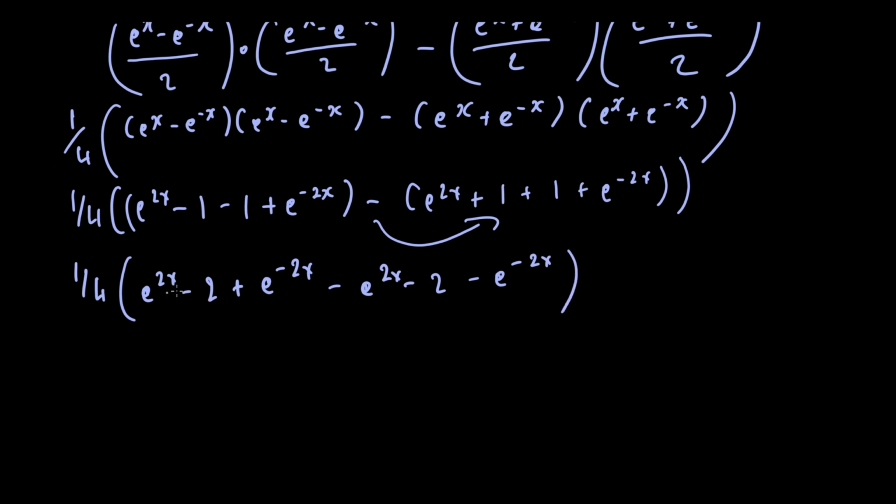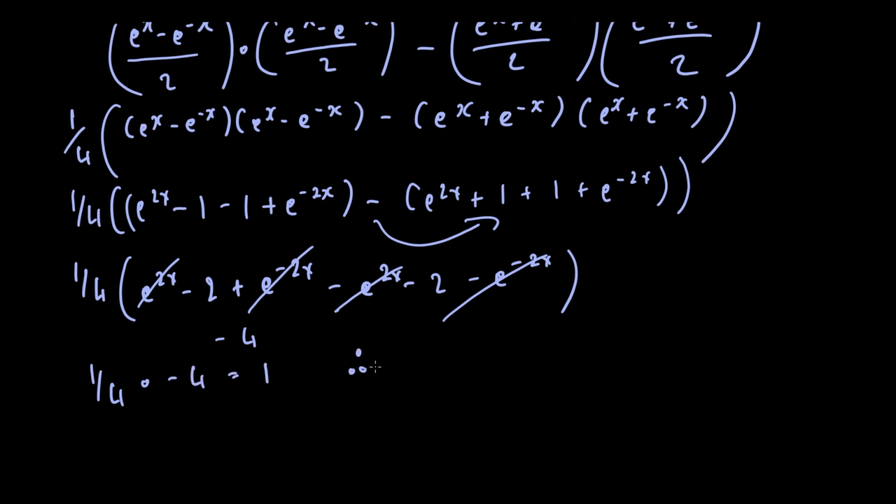So we have an e raised to 2x here and a minus e raised to 2x here. So that's just 0. And we have an e raised to minus 2x and a minus e raised to minus 2x here. So that's just 0. And minus 2 and minus 2 is minus 4. Minus 4 multiplied by 1 over 4 is just minus 1.